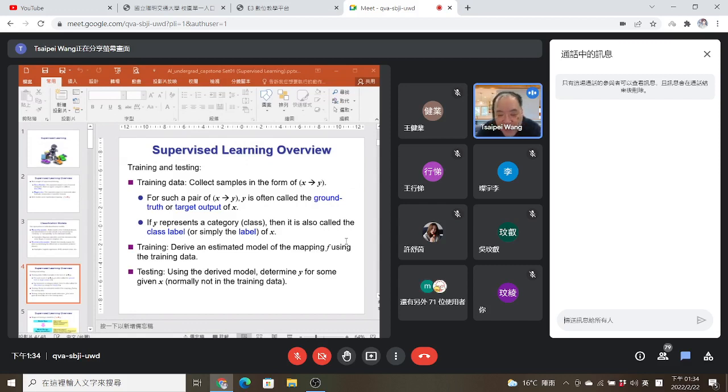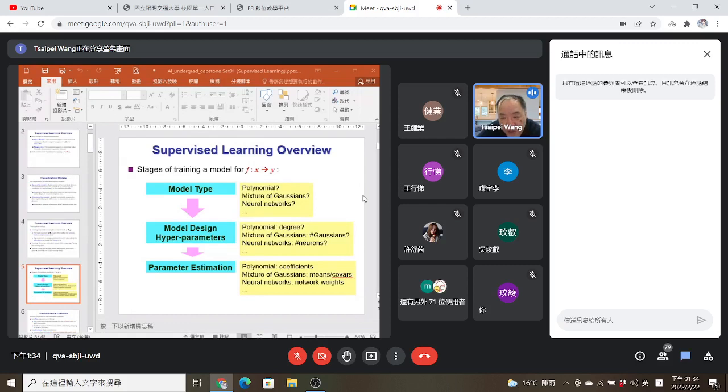Remember we have a mapping. You try to modify it so that it will approximate the output of the correct answers. You repeat the process and try to optimize your model based on your training data. And finally, when you're satisfied, you can use it on new data, which is a process called testing.